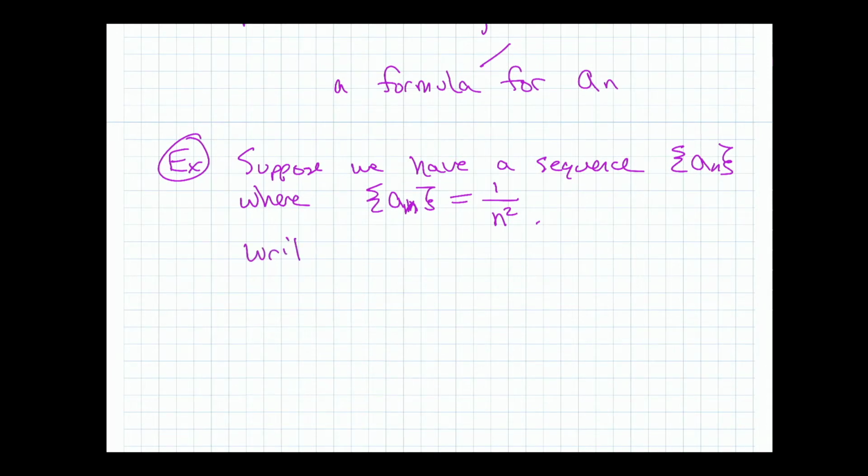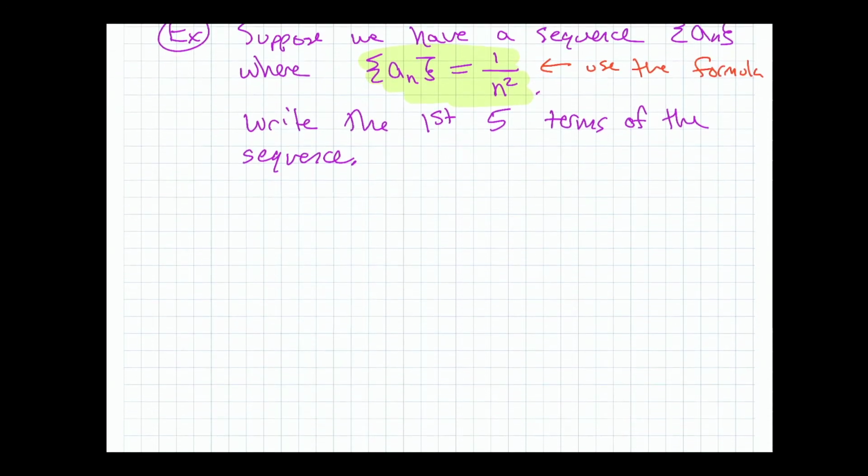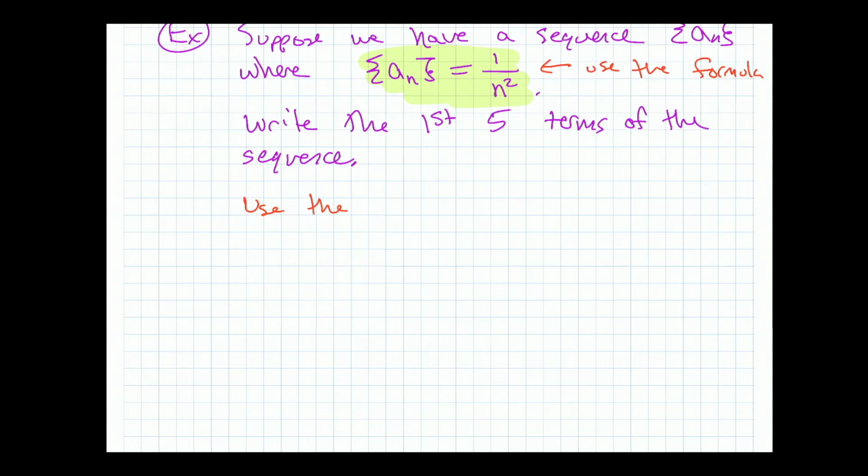Write the first 5 terms of the sequence. The idea here is that you have a formula that you use to calculate the terms. So we're going to use the formula to calculate terms.